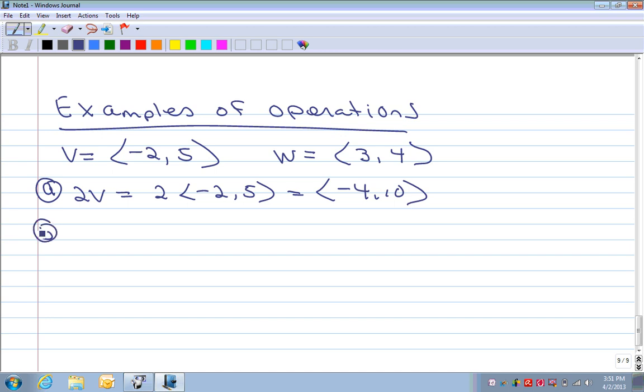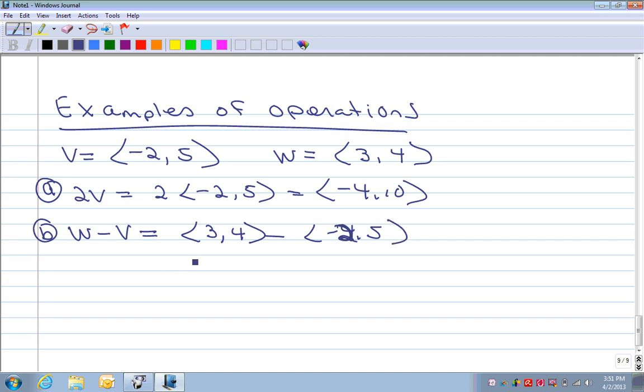Then we're going to have part B. In part B, we're going to take vector W and subtract vector V. We're just doing the operations now. Vector W is component form 3, 4, and we're going to subtract component form negative 2, 5, my bad.